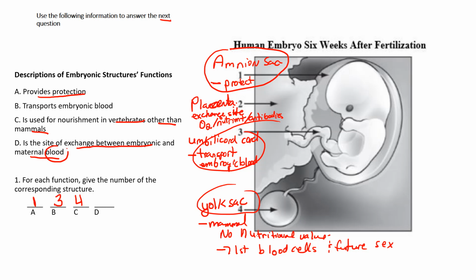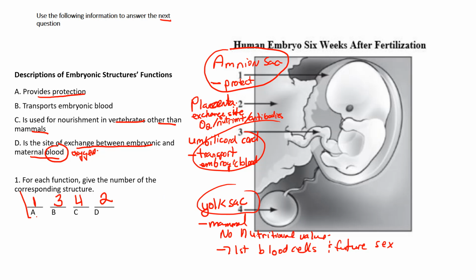I don't really like the word blood because we know the placenta separates the maternal and fetal blood. But probably a better thing that would have been in there is oxygen, that type of stuff. But nonetheless, if you even use process of elimination, the only thing that could be letter D would be number 2, the placenta.